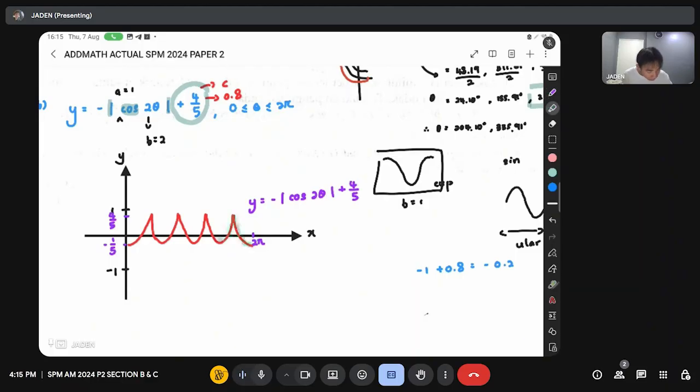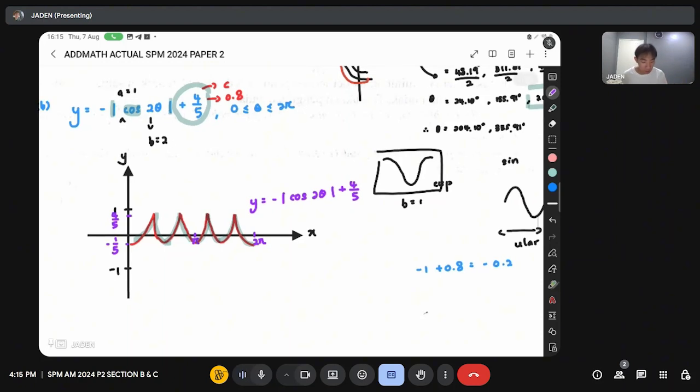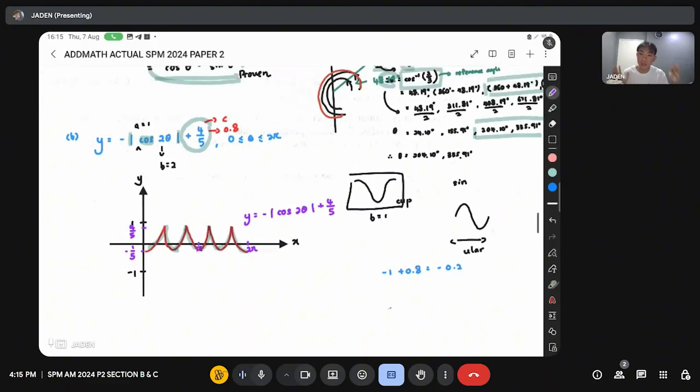Find the middle pattern. See, if it goes here, it goes here, forth and back, forth and back. So one more step here, one more step here, you will meet at the middle here. Basically, this middle is your pi. And that is how you determine your 2 pi and pi in an easier way. Okay, so this is the complete graph that you want to sketch, from 0 to 2 pi. That is the end of how you sketch your graph.